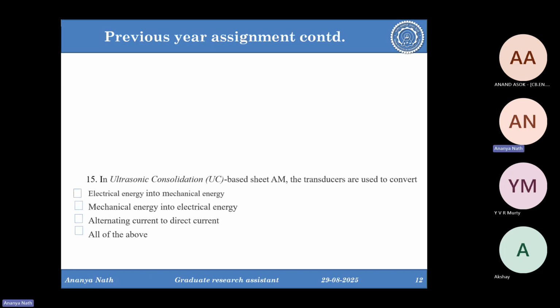In ultrasonic consolidation based sheet AM, the transducer is used to convert what? Try to remember what we are putting into the metal. First, the sonotrode is there, and the sonotrode is connected to the transducer.